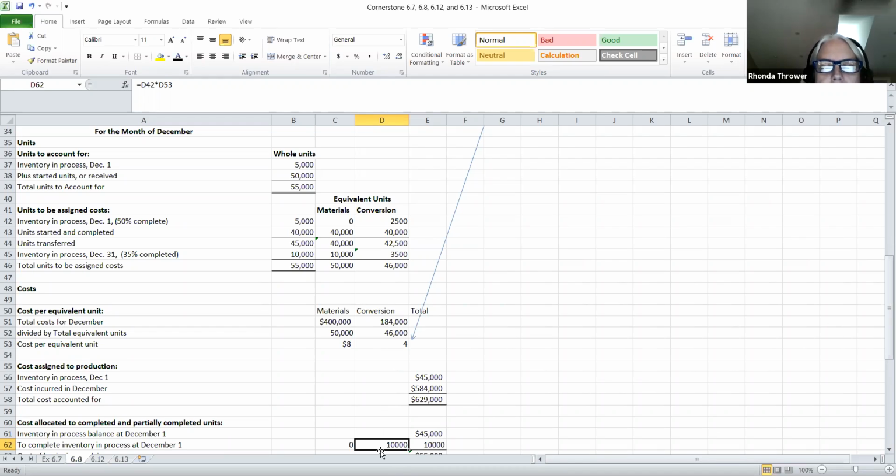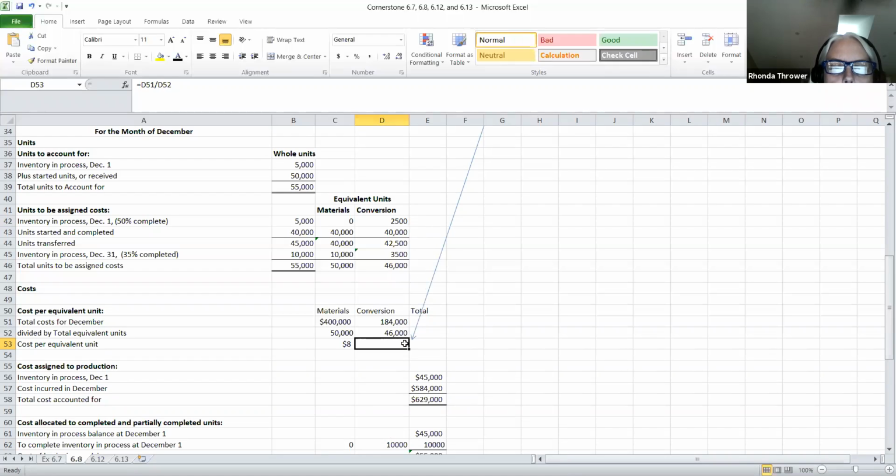To get them completely finished, we need to add the conversion cost for this period of time. So what you're going to have to do is pick up the conversion units, which were 2,500 units. That's what we found here. And you're going to multiply it by the cost per equivalent unit for conversion, which is $4.